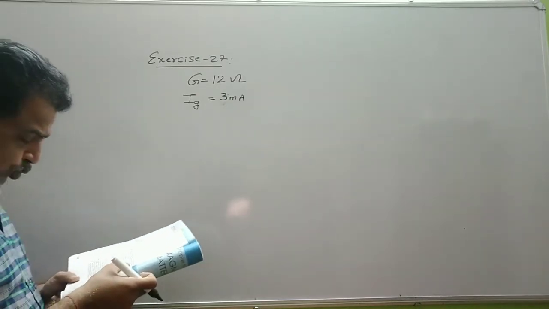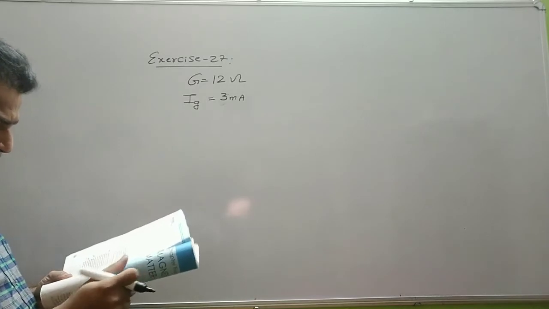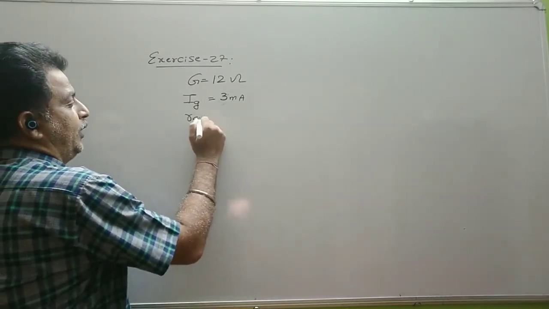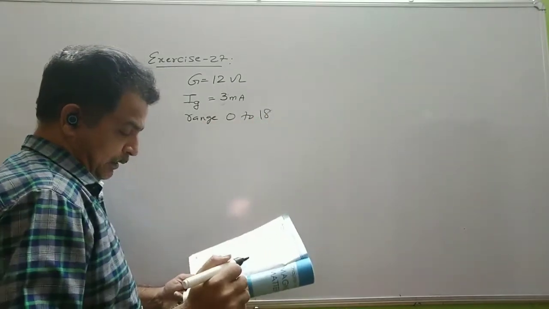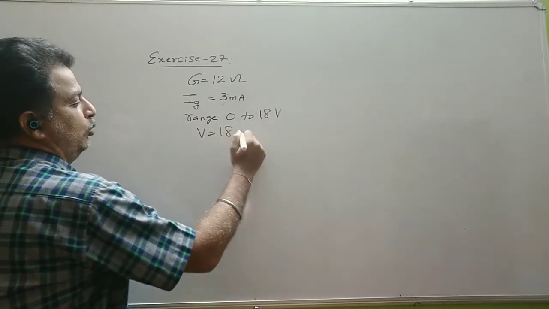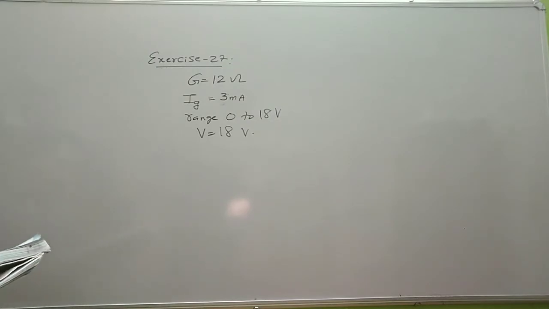Now we have to use this galvanometer so that it can measure a voltage in the range 0 to 18 volt. It means we have to find out a series resistance. How will you convert this meter into a voltmeter?